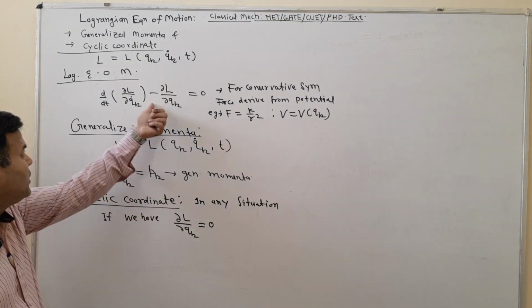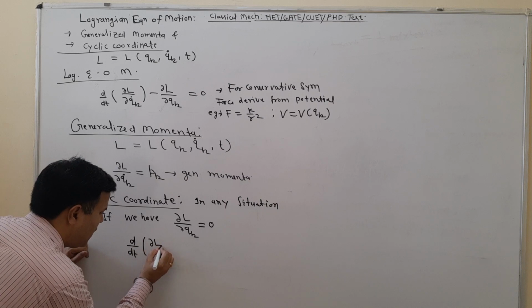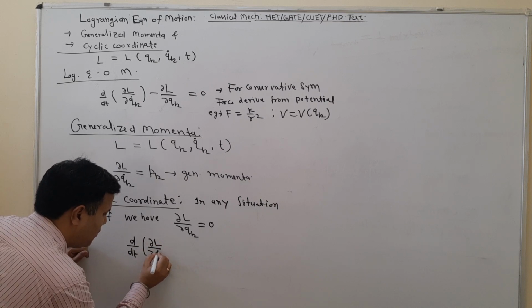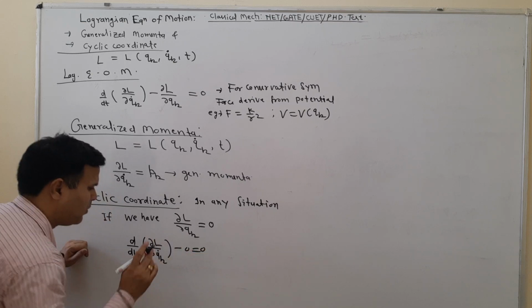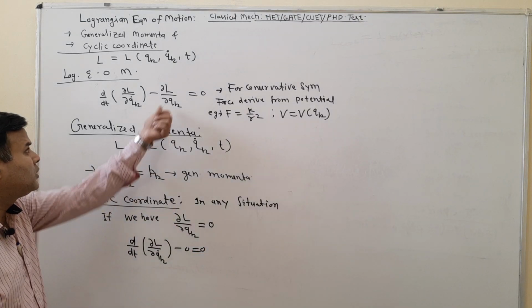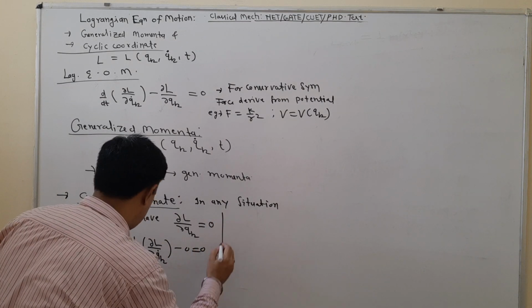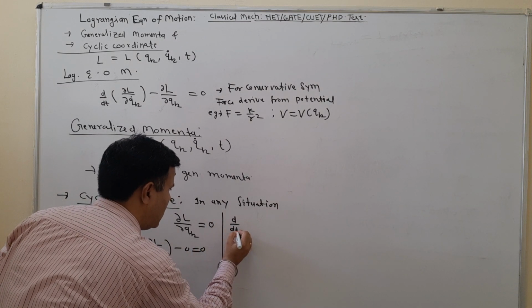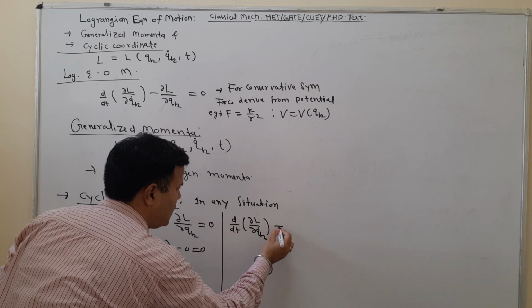Putting this value in the equation of motion, d by dt of del L upon del Qk dot minus 0 is equal to 0. So this part is 0, and we simply have d by dt of del L upon del Qk dot equal to 0.